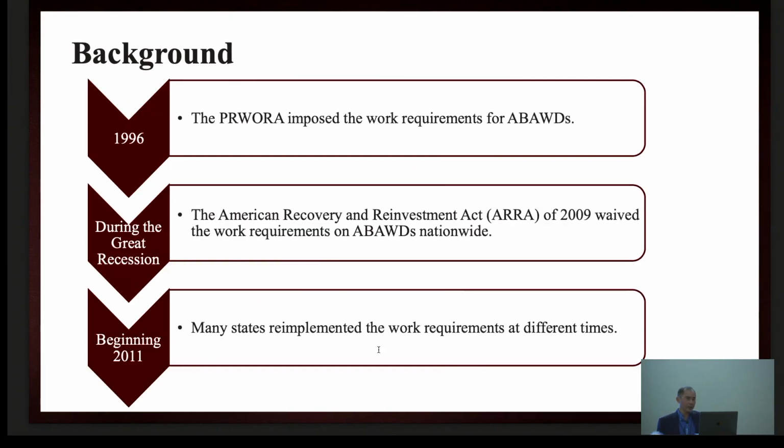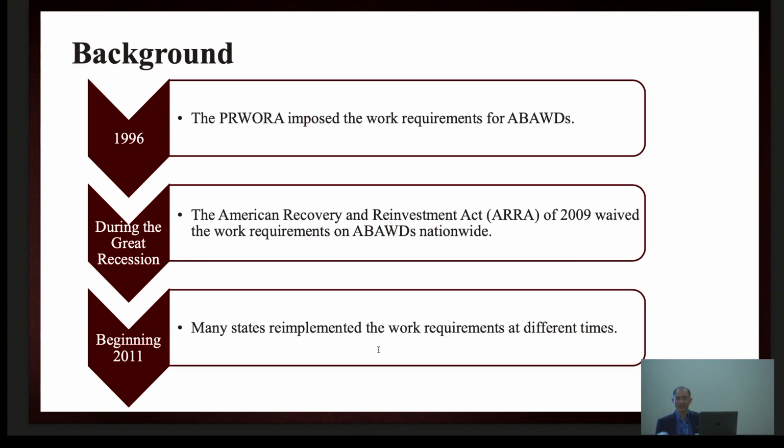So the PRWORA was imposed in the mid-90s, in 96. And then you have this ARRA, which was in 2009, which actually waived the work requirements for ABAWDs nationwide. As you might recall, 2009 was the Great Recession, right? But then many states re-implemented the work requirements at different time periods. So it's great for us economists, right?